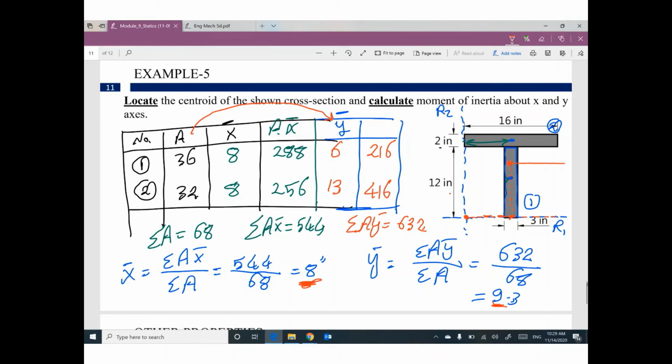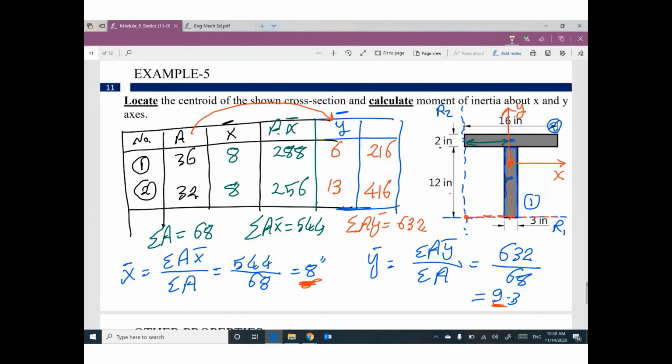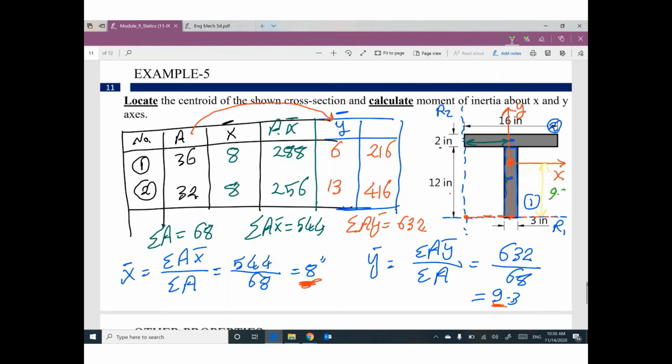I can assume the actual x-axis here and the actual y-axis here at the centroid of the whole cross section. Just for your information, this vertical distance, how much? 9.3 vertical distance to locate this centroid.